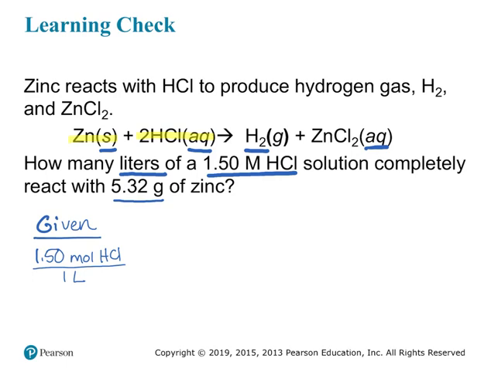And then we're starting with 5.32 grams of zinc. What we need to determine is how many liters of the HCl solution we need to use in order to completely react with all of that zinc.